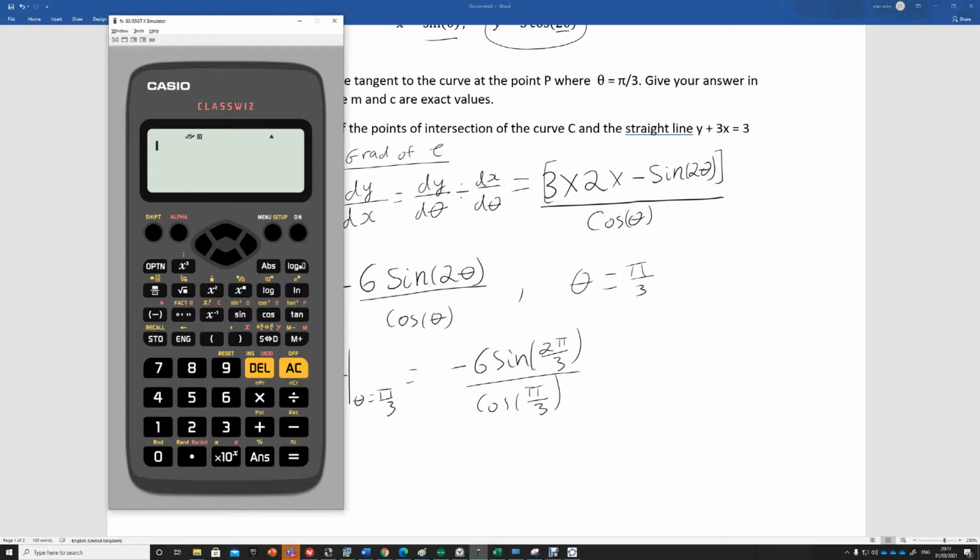First of all, making sure that I'm in radians, sorry, not degrees. Minus 6, being very careful to sub it in properly, minus 6, times sine of 2 pi over 3, over cos of pi over 3.